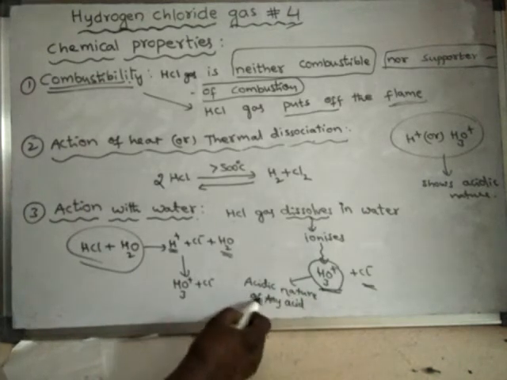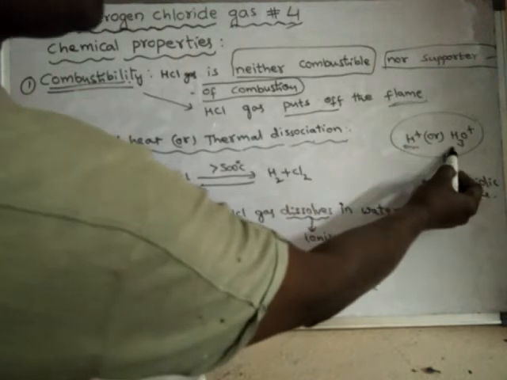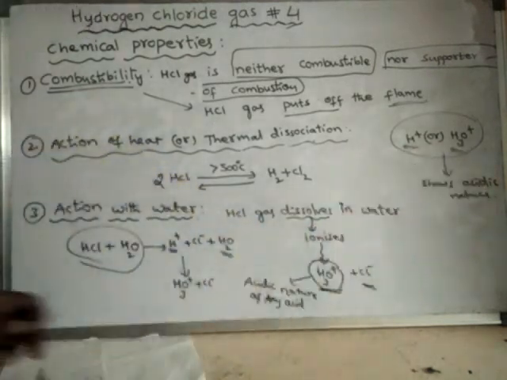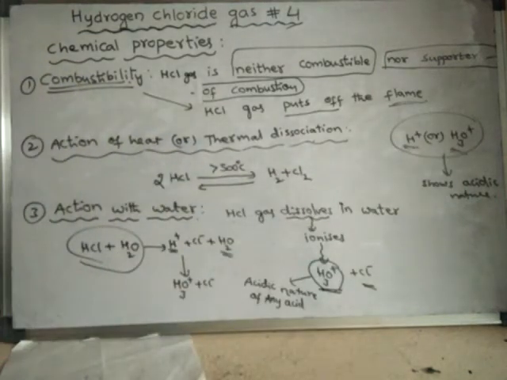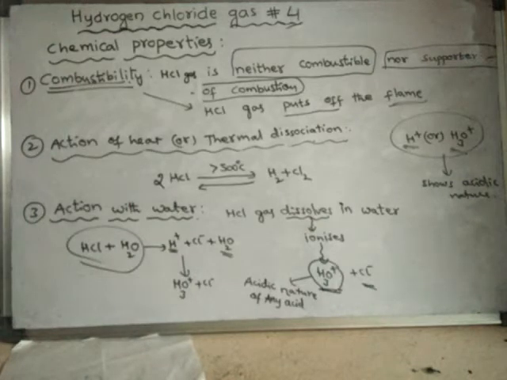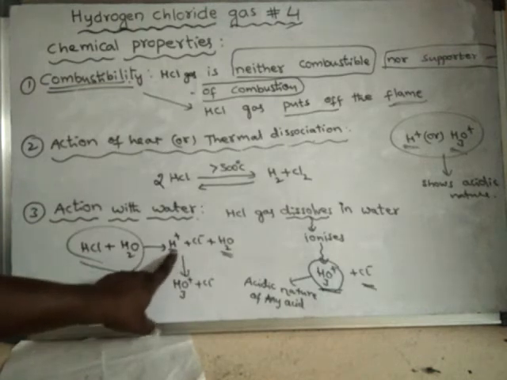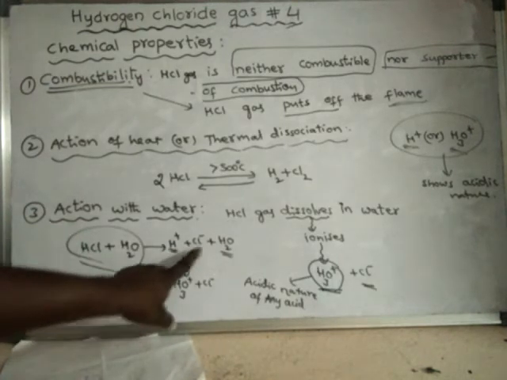The acidic nature of any acid is due to the presence of either H plus ions or H3O plus ions. So whenever HCl gas is introduced in water, that gas will turn into hydrochloric acid because it will undergo ionization, that is, break down into ions.